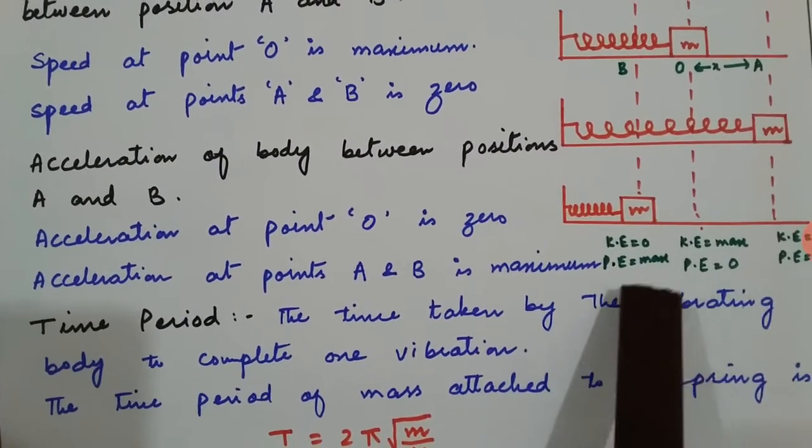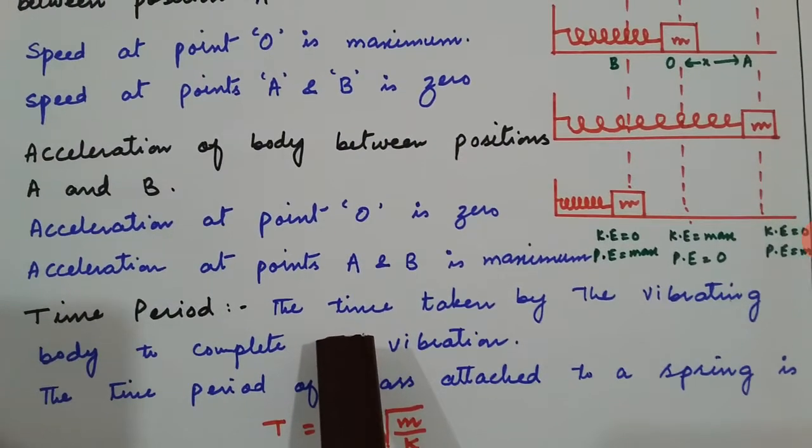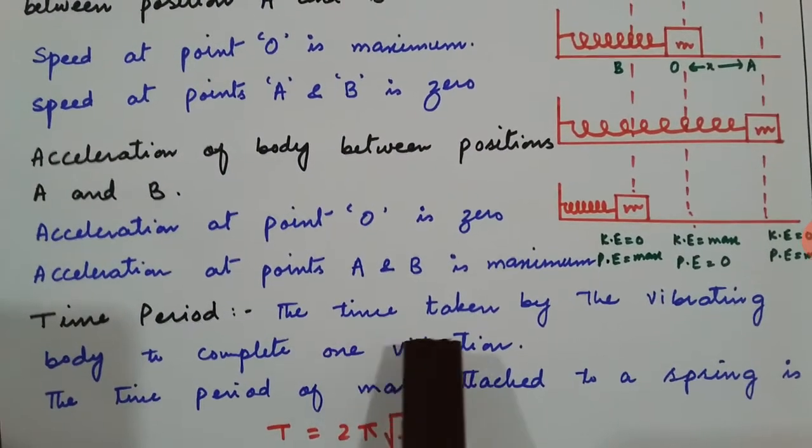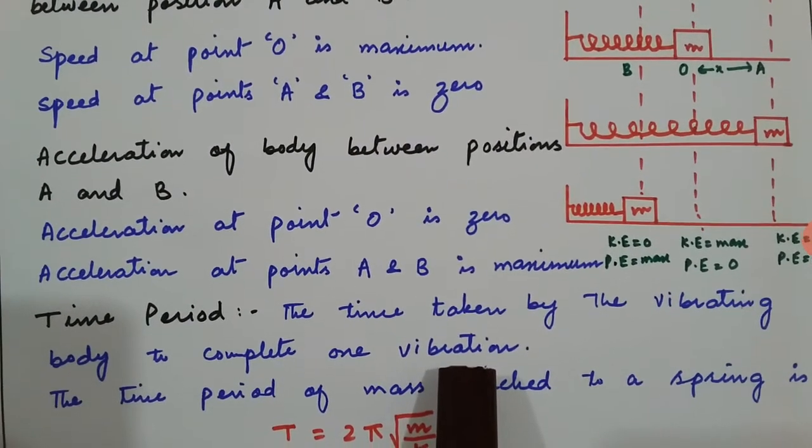We can also find the time period of the body. Definition of time period: the time taken by the vibrating body to complete one vibration.